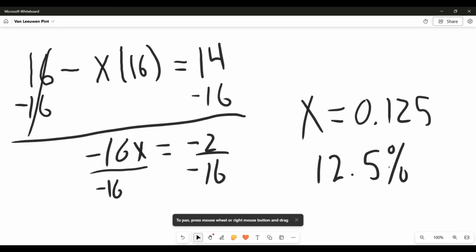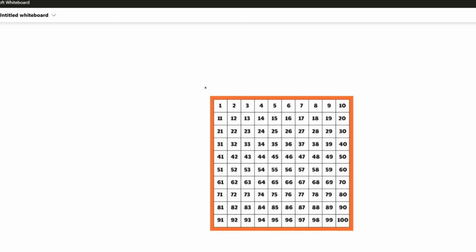So let's see what that means. Van Leeuwen is sneakily removing 12.5% of their ice cream from the container and still calling it a pint. So what is 12.5%? Well, that means it is removing 12 of these.